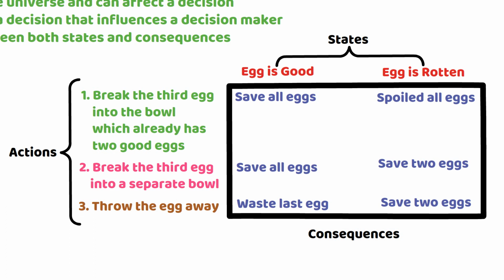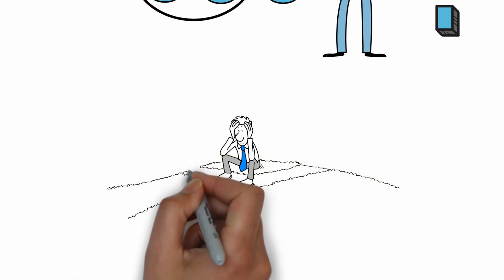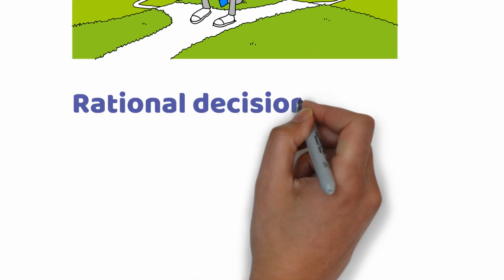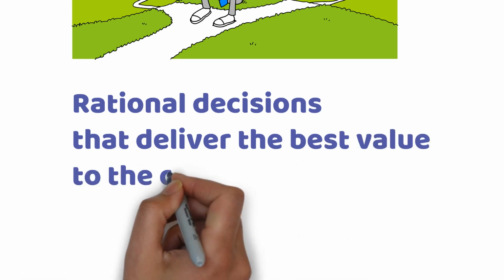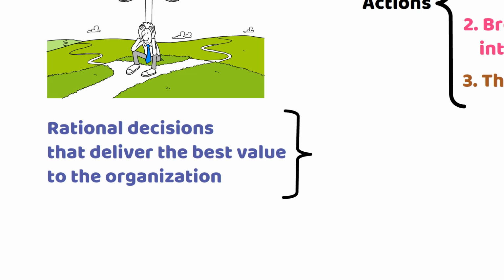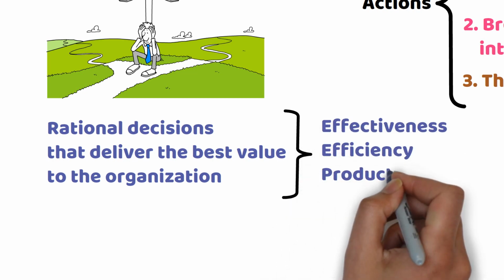So, the decision theory helps in determining the best decisions when a number of alternatives are available and their consequences are uncertain. Simply put, decision theory emphasizes that managers make rational decisions that deliver the best value to the organization. Those rational decisions help to enhance organizational effectiveness, efficiency, and productivity.